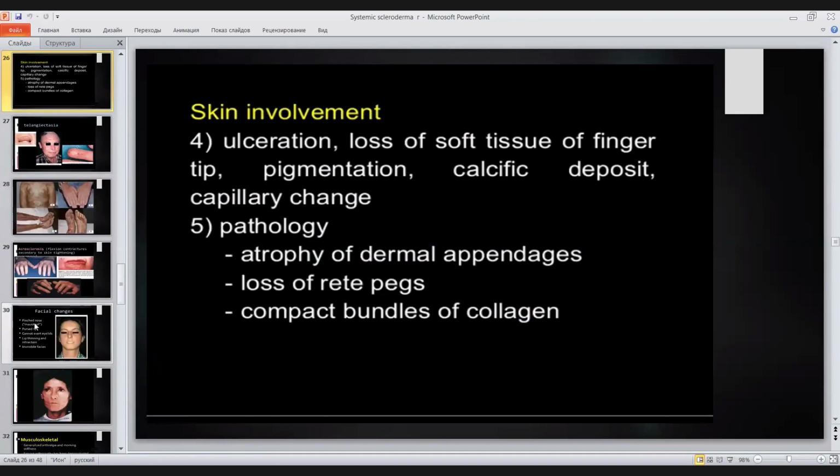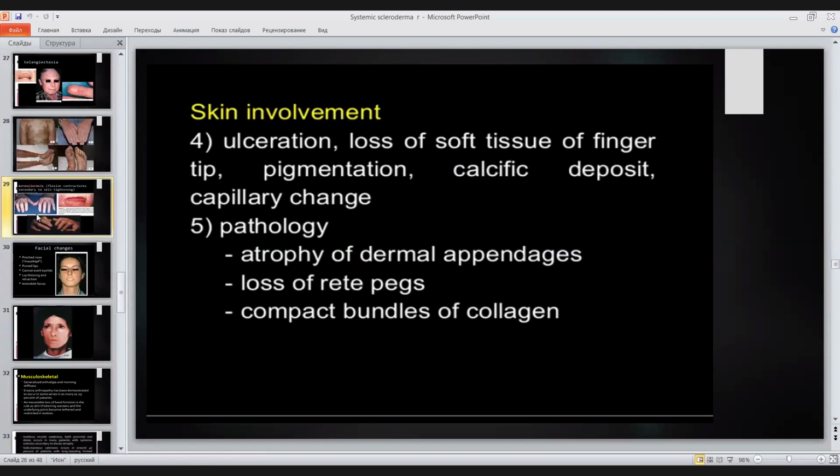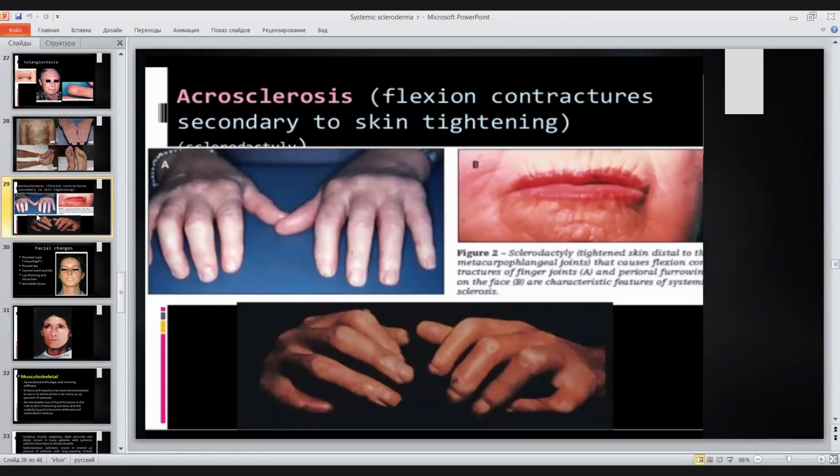Okay, and what happens later: in the skin, later, due to long-term fibrosis, there will be acrosclerosis. I already said the acrodistal part is affected first of all, and due to this there will be contractures.